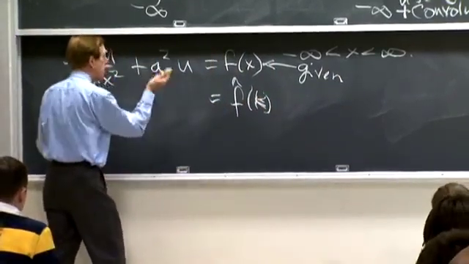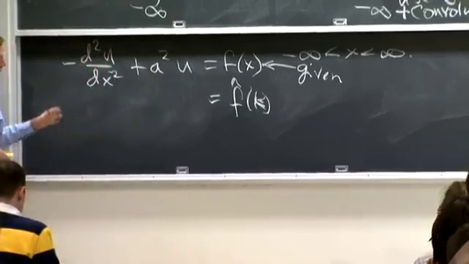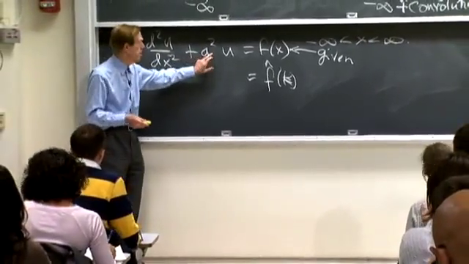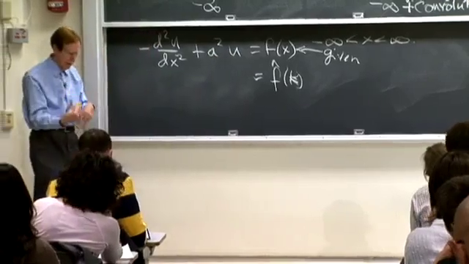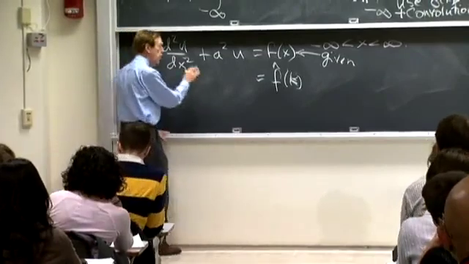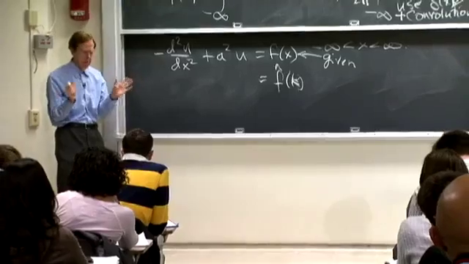Well, a is a constant. Yeah, a had to be a constant. If a depended on x, this would be some multiplication, and the transform would be a mess. Fourier applies when you've got constant coefficients and nice boundary conditions.